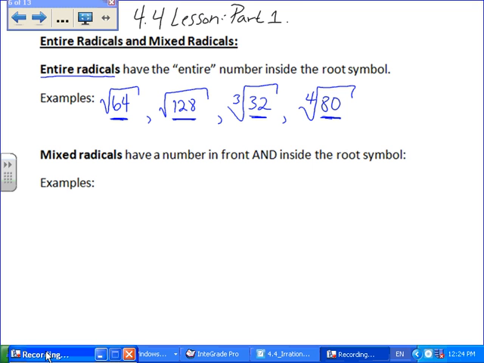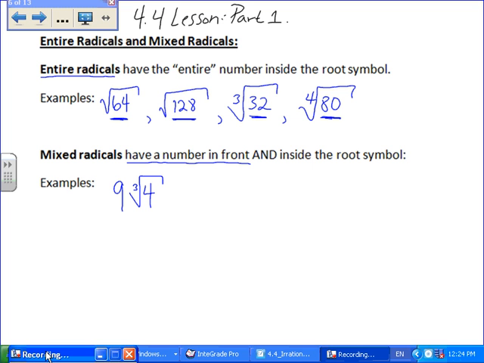A mixed radical is different. A mixed radical has a number inside the root symbol, but it also has a number in front. So a mixed radical would look like this, for example, 9 times the cube root of 4.